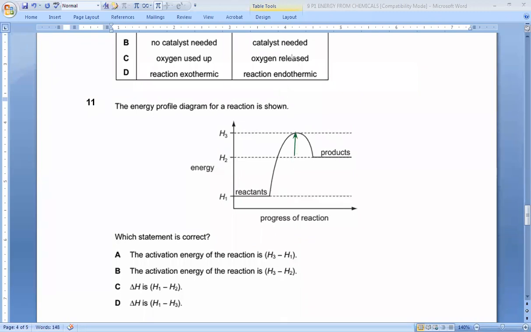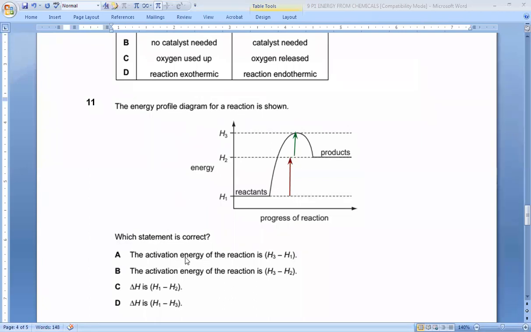This is EA and this is absorbed heat. So which statement is correct? Delta H is equal to H1 minus H2, H1 minus H2. Delta H is H1 minus H3. This is wrong. Higher to lower. Option B is correct.